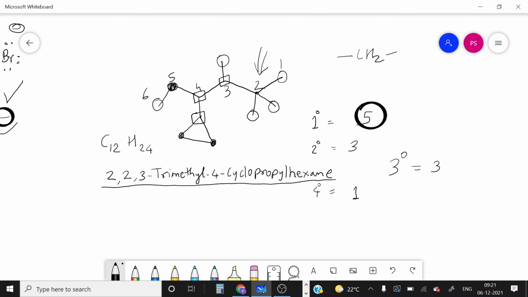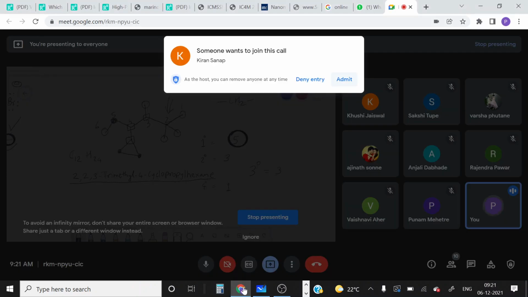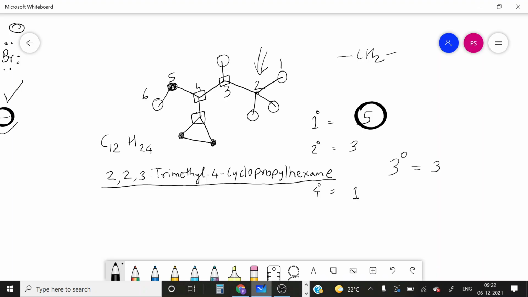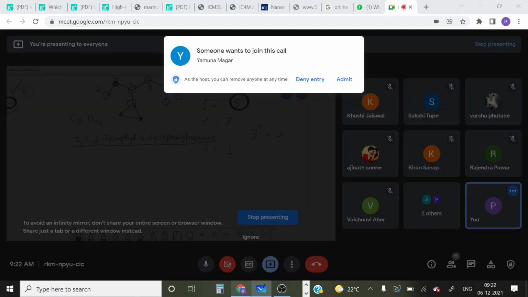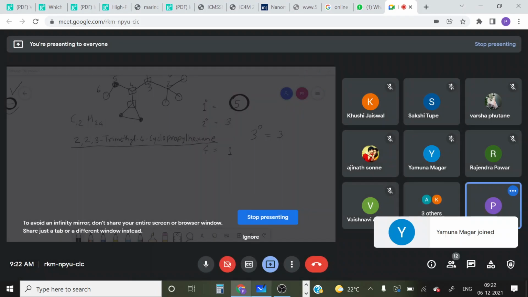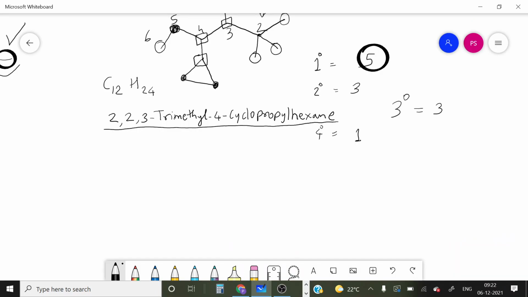Now what is the name of this alkane? What is the name of this alkane? I will rewrite the structure.